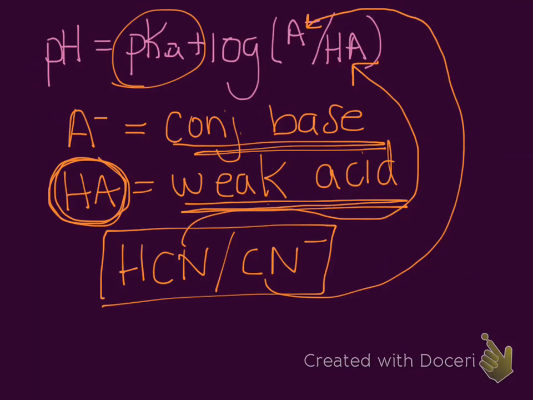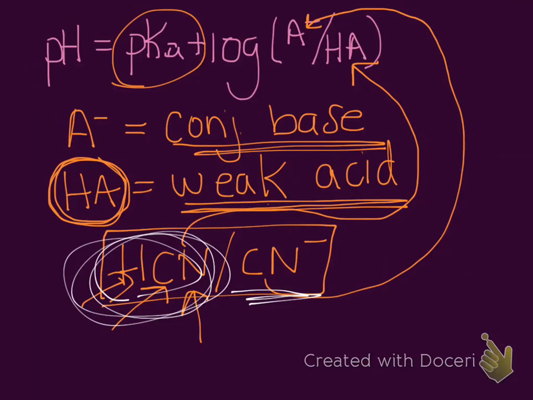It's just easier to plug into the equation that way, because if we remember, if you go to look up the value for HCN and CN minus, you're only going to find a value for HCN. This is the only one you're going to find a value for. There's nothing in a table for this. So if what you can find is the pKa of this, or at least the Ka of this, go ahead and use this, because otherwise you've got to convert and everything just gets confusing.